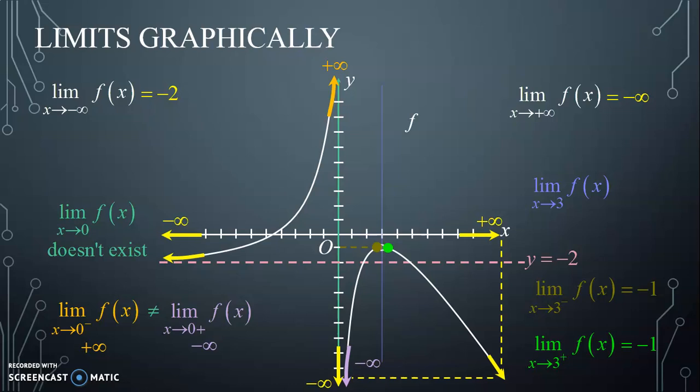So the limit to the left of 3 and the limit to the right of 3 of f of x are both equal to negative 1, then the limit at x equal to 3 exists and is equal to them, which means it's also equal to negative 1.